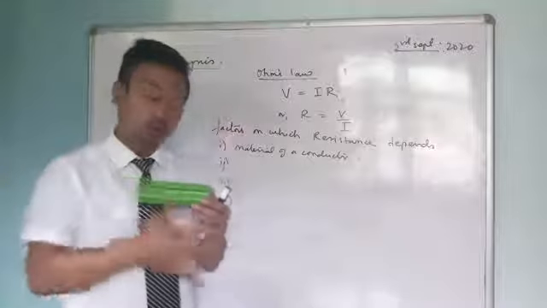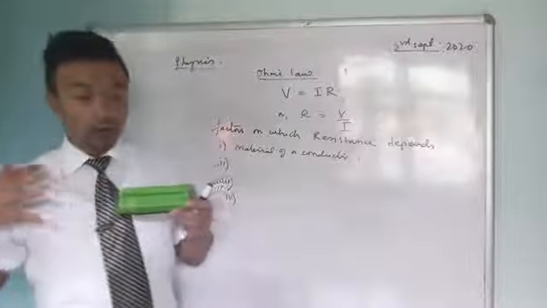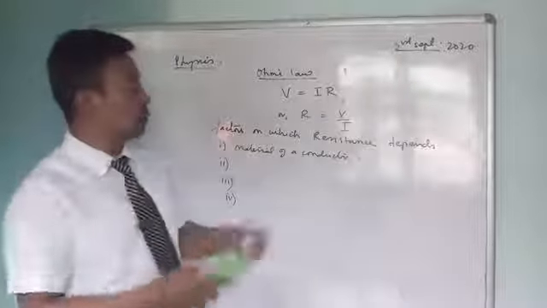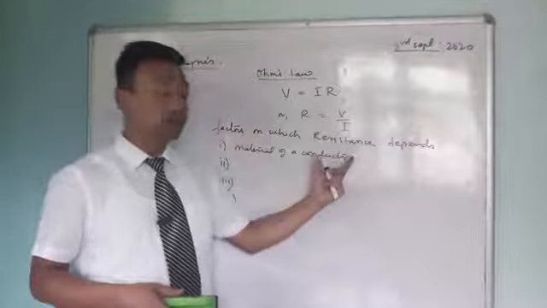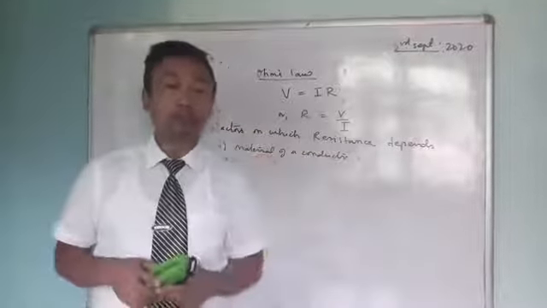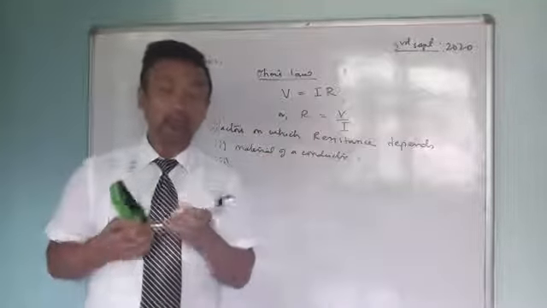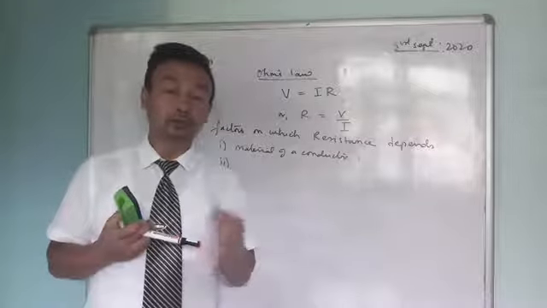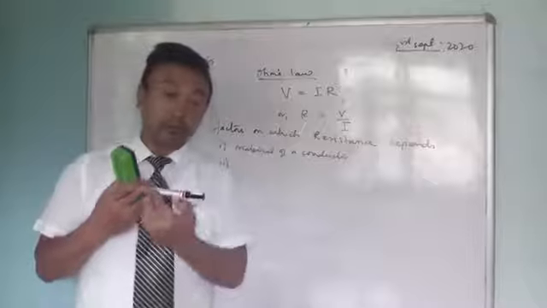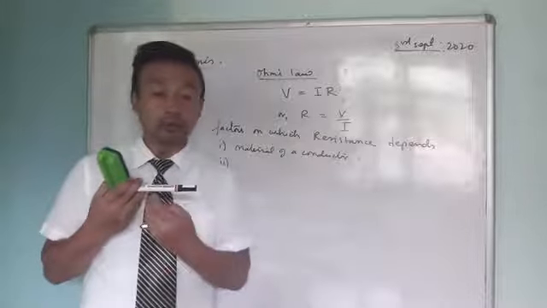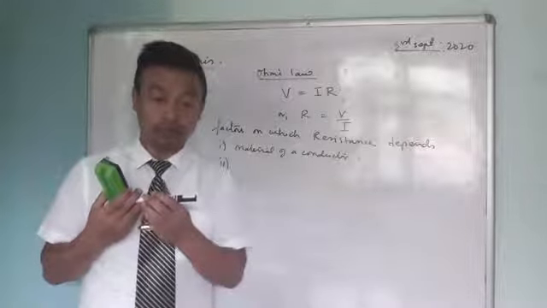Electrons will be more, so there will be more flow of current, and when the current is flowing more, the resistance will be less. So in a good conductor the resistance is less, whereas in a bad conductor or insulator there will be very few electrons.